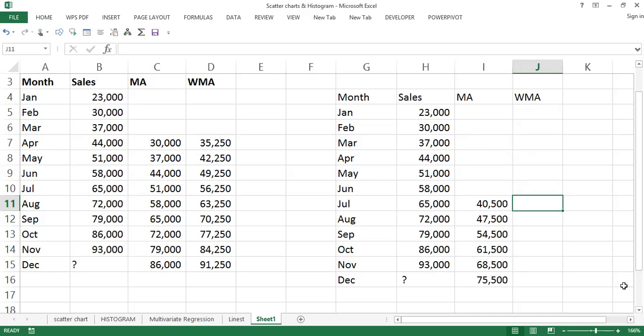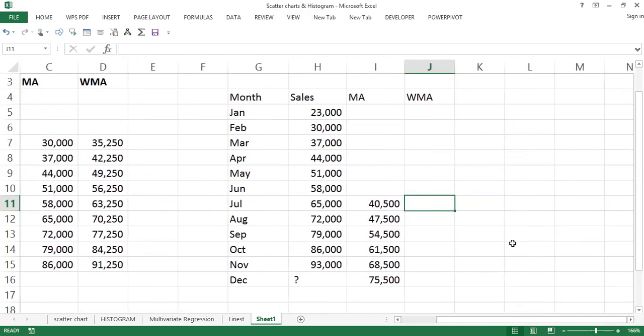What weights do you want to use? Six-month weighted moving average.